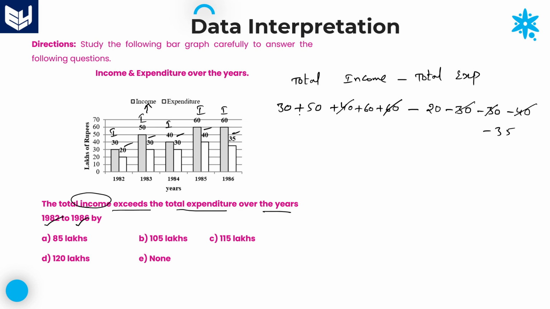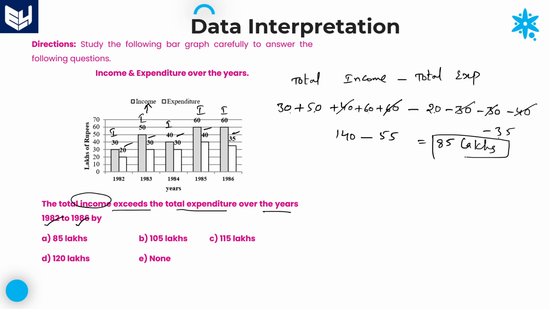Now you can add these values. Here 60 plus 50, 110, 110 plus 30, 140, minus 20, minus 35, that is minus 55. So the difference between these two, 140 minus 55, is equal to 85. 85 lakhs.